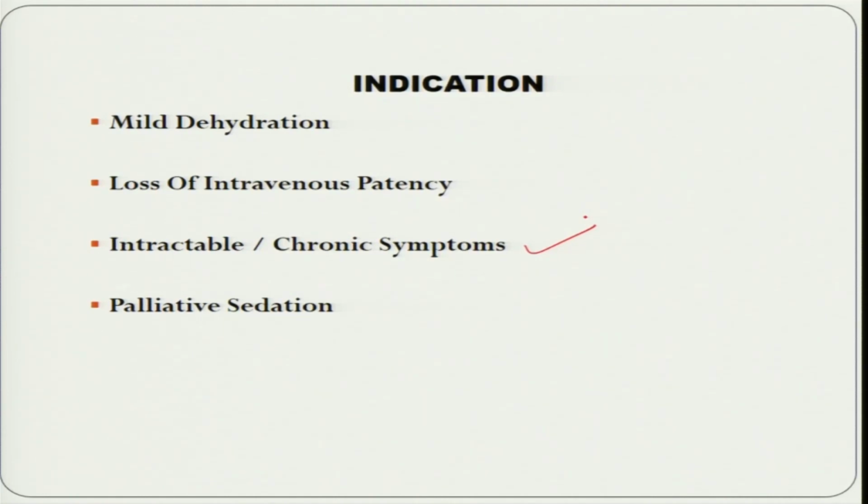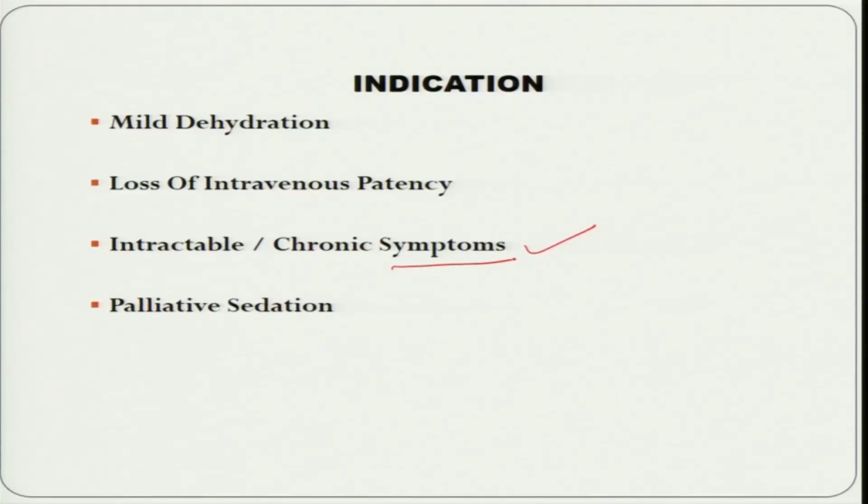Some of the symptoms like continuous nausea, vomiting, you cannot give anything orally since the patient is vomiting, and IV access every day is not possible. So, at home you can put a subcutaneous cannula and the patient's relatives are educated to inject the drug through it. So, when symptoms require long term treatment, then subcutaneous route is preferred.